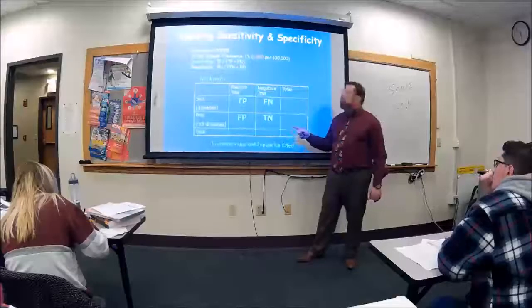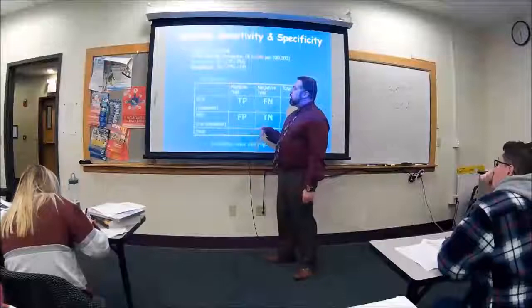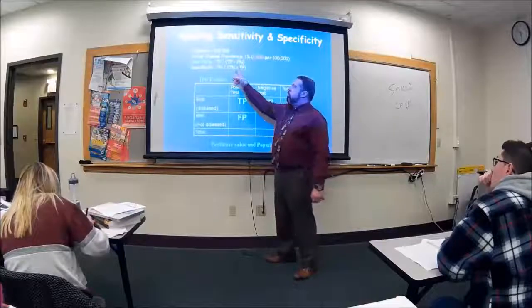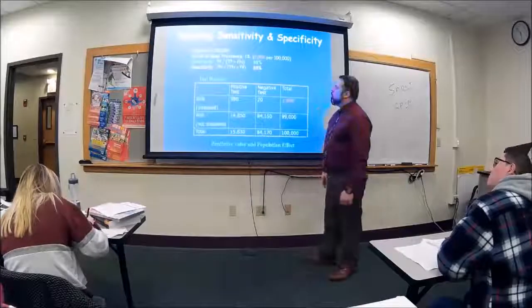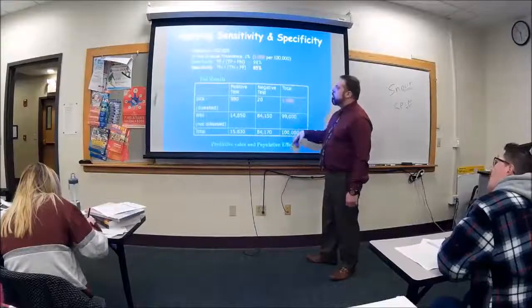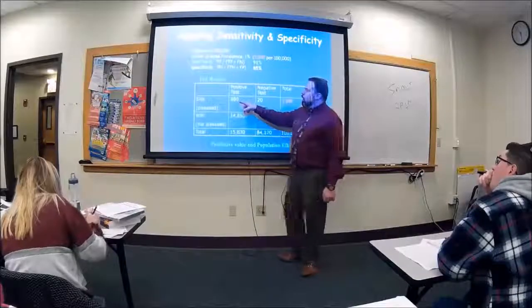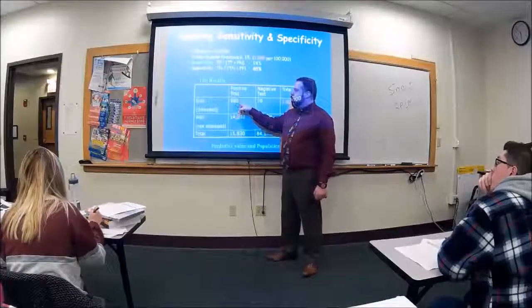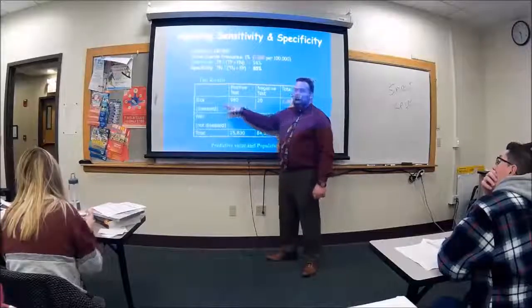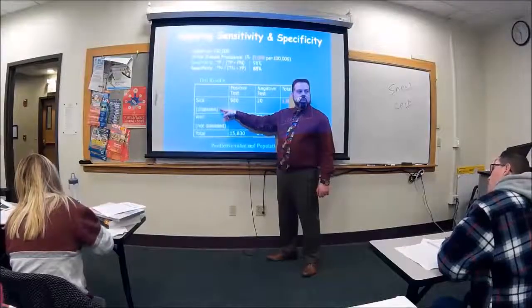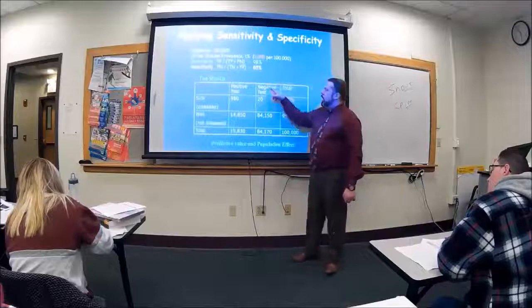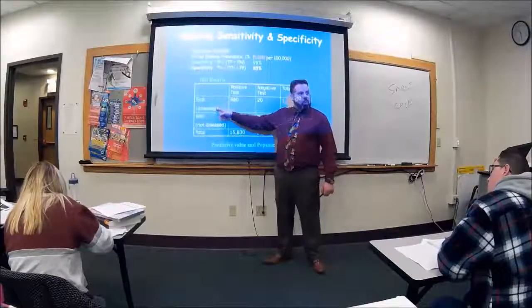Right? All right? So sensitivity, so let's plug in numbers. Here's the math, here are the formulas. When you put in these numbers, you have 980 people with a positive test that actually have the disease, and then you have a negative test that actually have the disease.